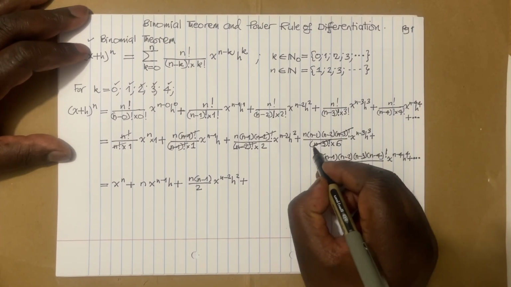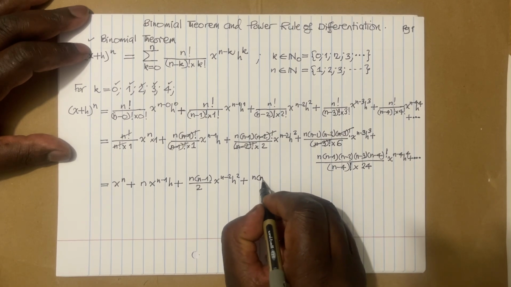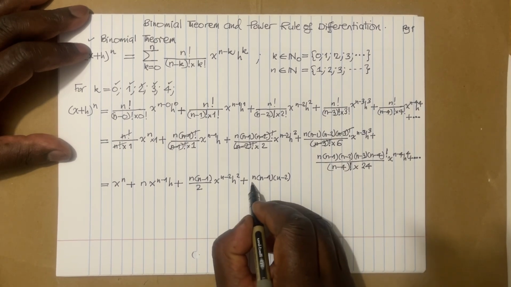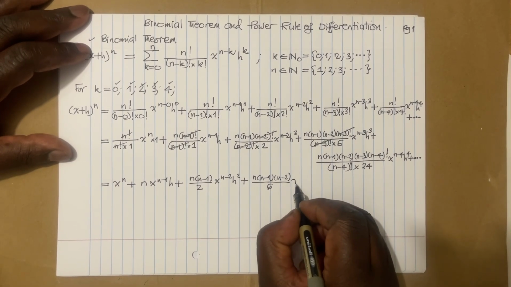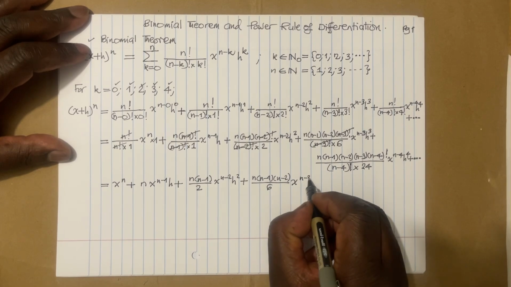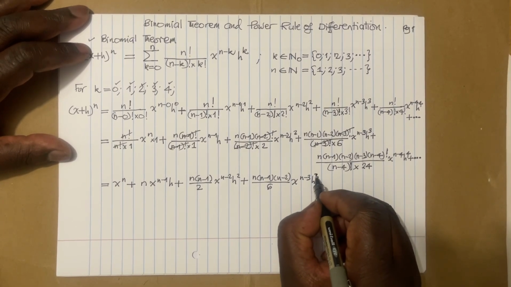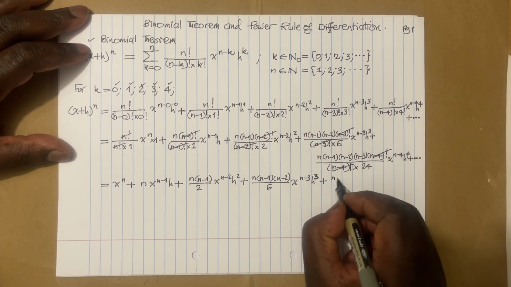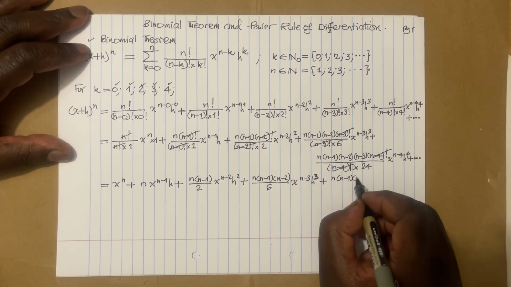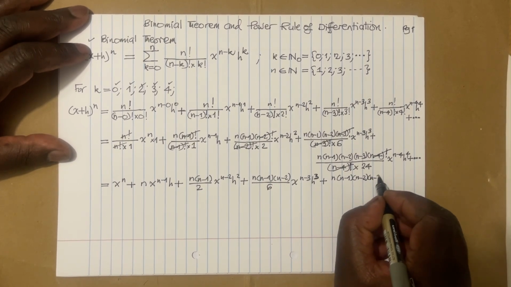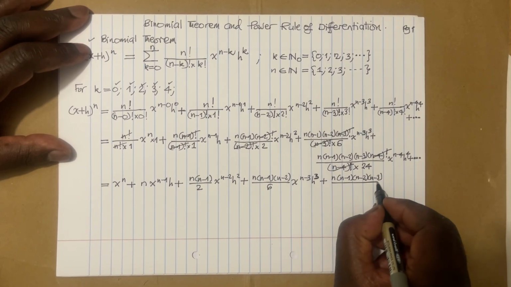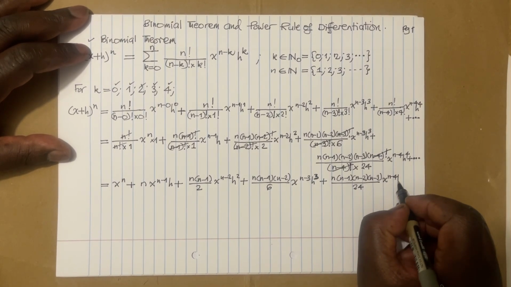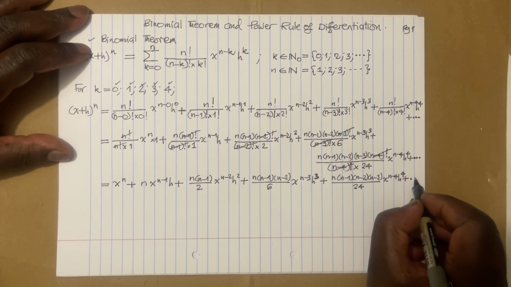Notice this term cancels that term. So we have n minus 1, n minus 2 all over 6 of x power n minus 3 h power 3, plus this part that cancels that, and so we have n minus 1, n minus 2, n minus 3 all over 24 of x power n minus 4 h power 4, plus 1, 2, 3.